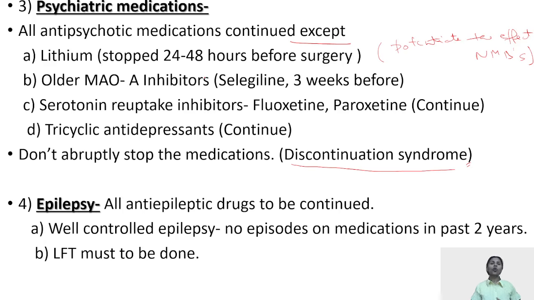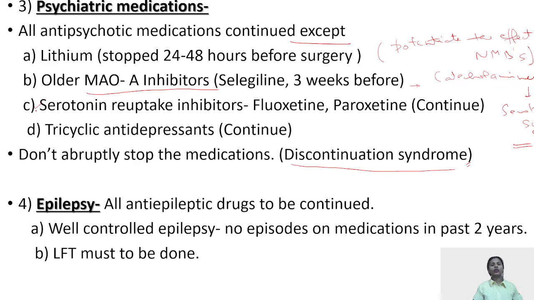Second, certain older generation MAO-A inhibitors like selegiline had to be stopped 3 weeks prior to surgery because these inhibitors interacted with catecholamines which are released during the stressful condition of surgery, finally leading to serotonin syndrome, because of which these were stopped 3 weeks prior to surgery.